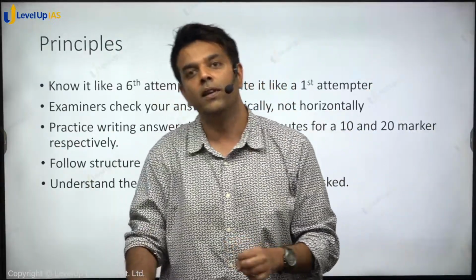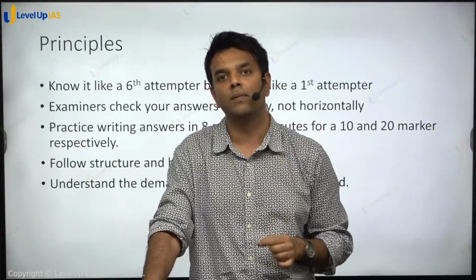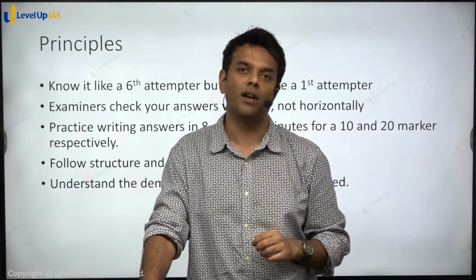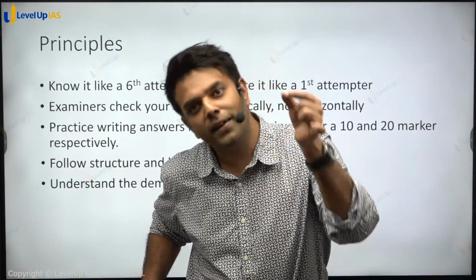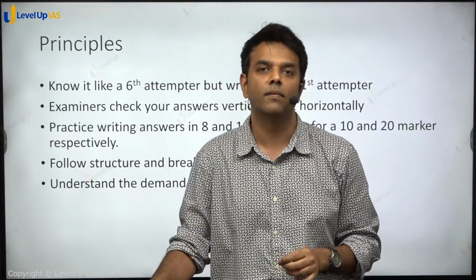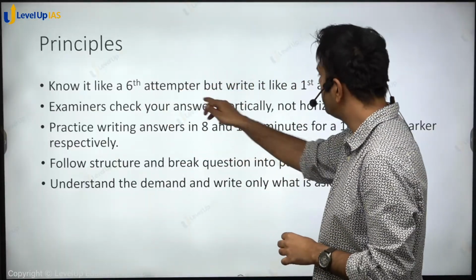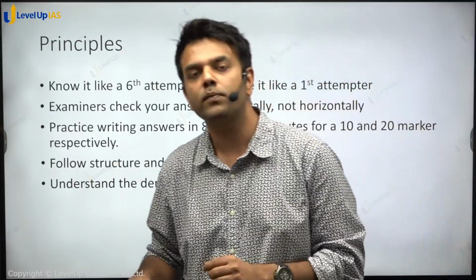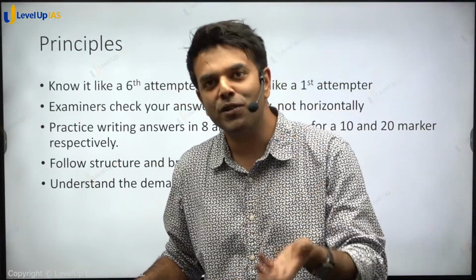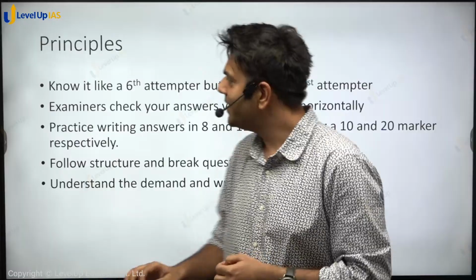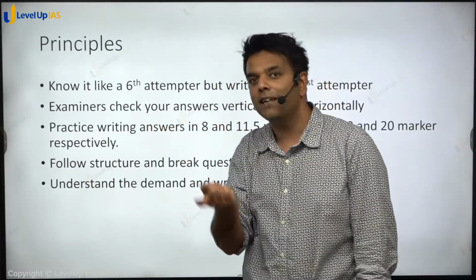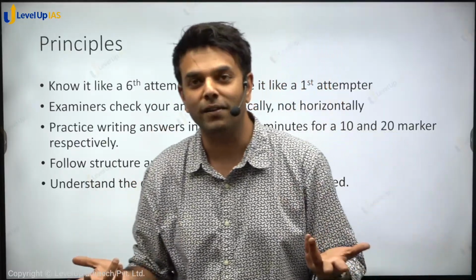No, you need to get the static right, not run after extra, but put extra efforts in the static. This is what I call know it like a sixth attempter, but write it like a first attempter. And what are students doing maximum? They are knowing it like a first attempter, writing like a sixth attempter.